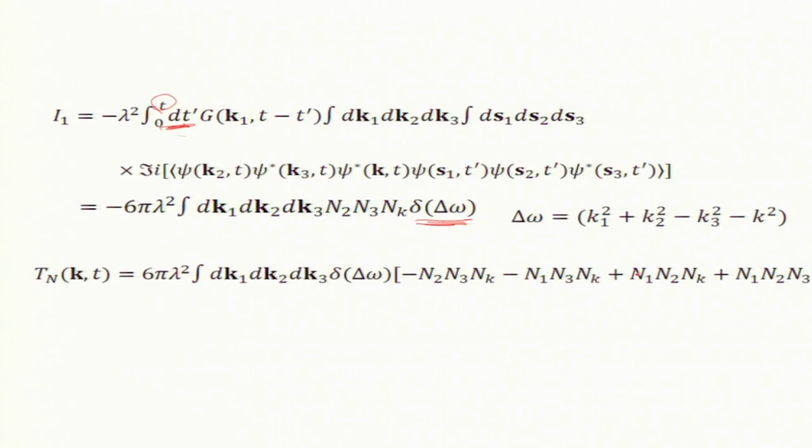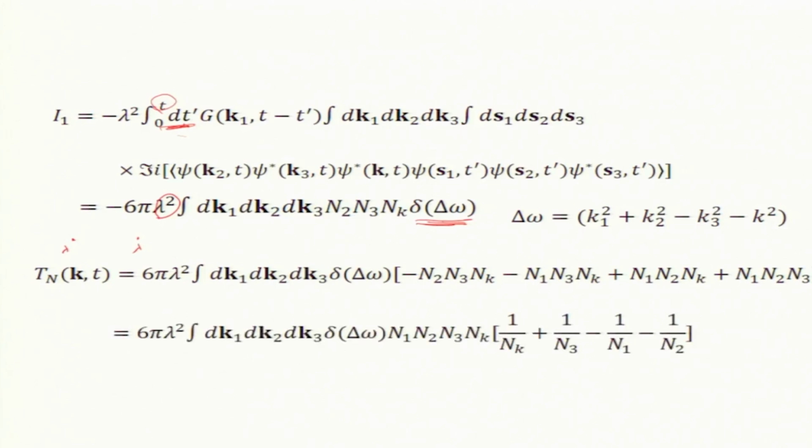Okay. And so there is a lambda squared. Why lambda squared? Because one vertex is in the left and one vertex in the right, lambda. Okay. So, this integral can be done mostly numerically, I would think. People have done it analytically as well, and this is rewritten as n1, n2, n3, n4, nk, and divided by this.